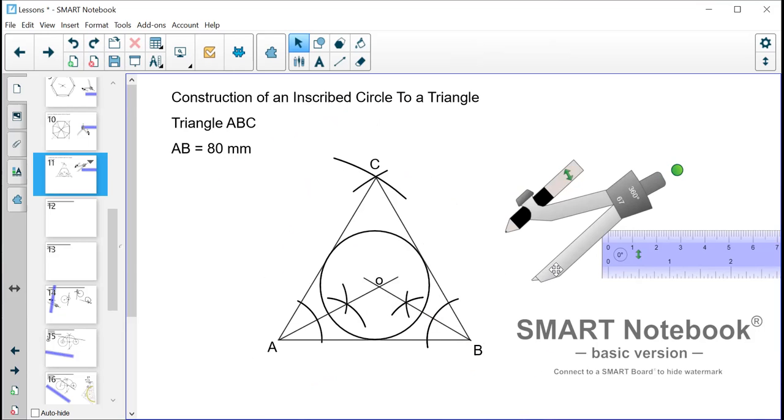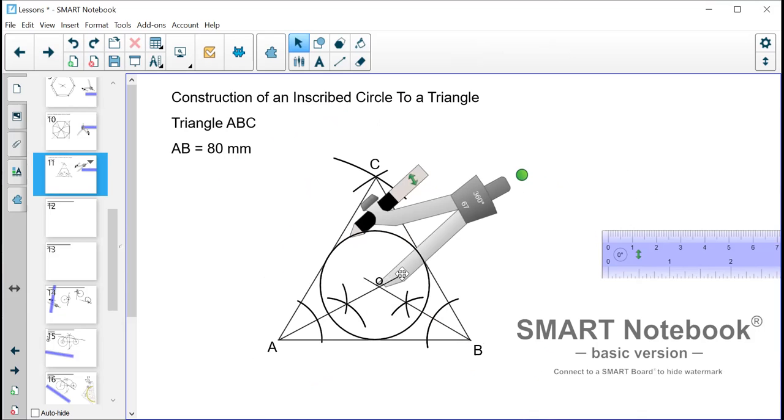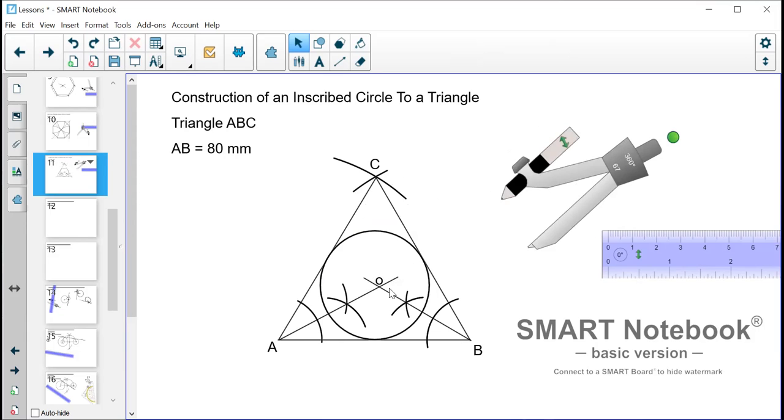All right, so this is a little better. However, when I drew the circle first, I did not get it accurate, but because the software can allow me to move the circle, I can adjust it. But of course, when you're doing yours, you would not have that feature to move your circle. So you need to ensure that you get it done correctly and accurately so that the circle would touch all three sides.